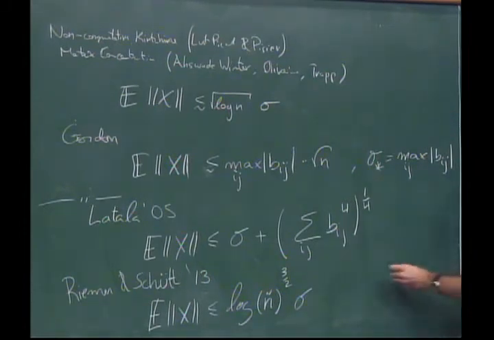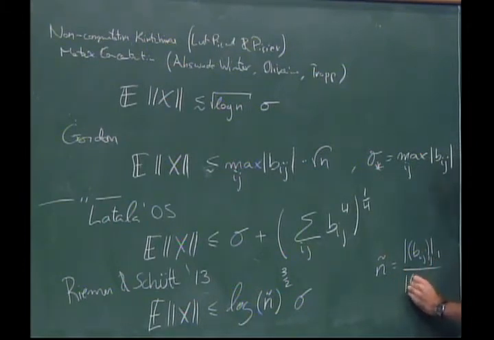What n tilde is, is something like this: think of the vector made of all the b's, and take the 1-norm of that over the infinity norm.